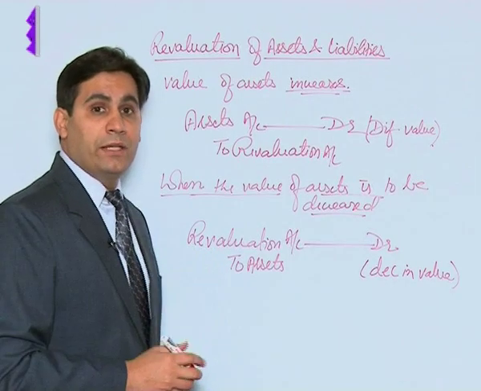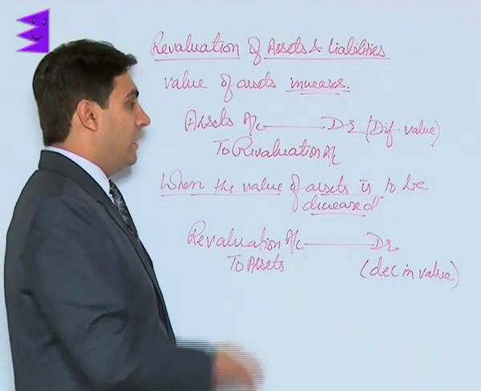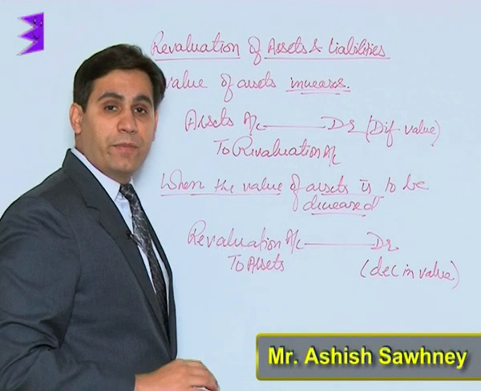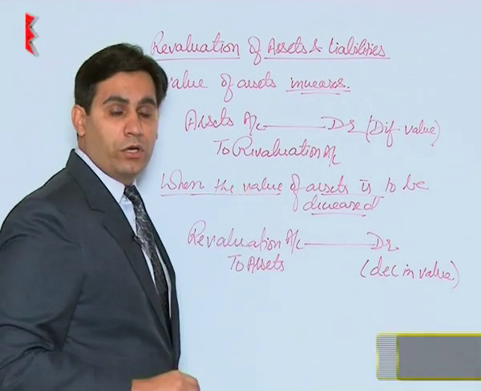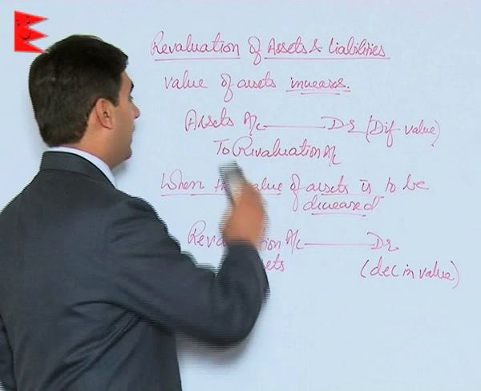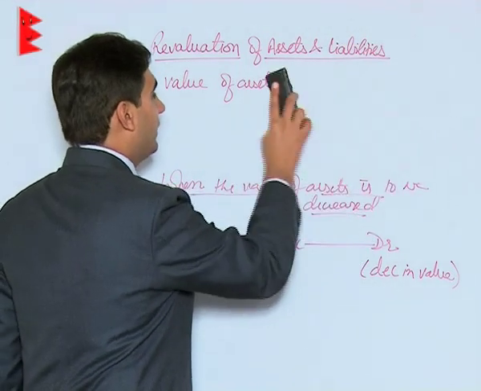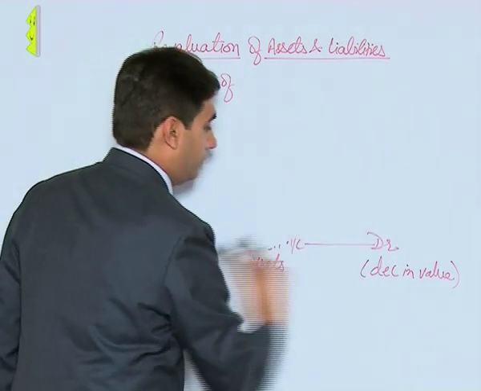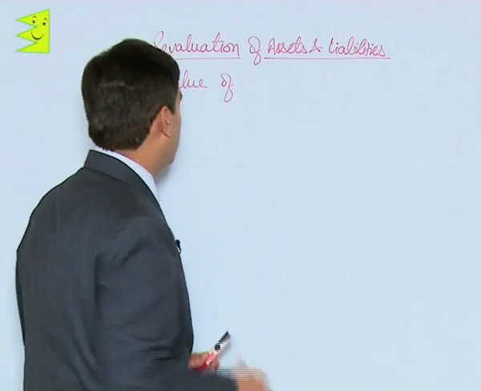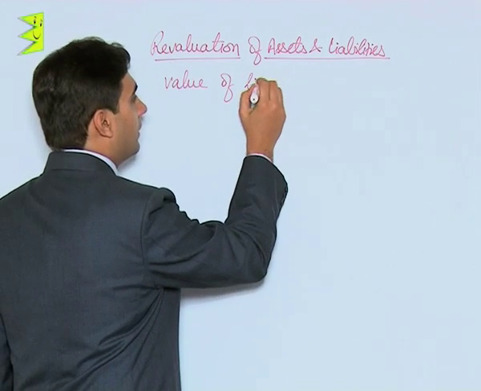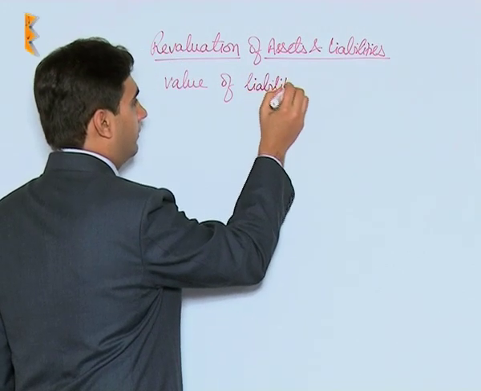Now coming to liabilities, just like the changes in the values of assets have been recorded, there can be changes in the values of liabilities also. Let's see how they will be recorded. The first situation would be when the value of liabilities increases.